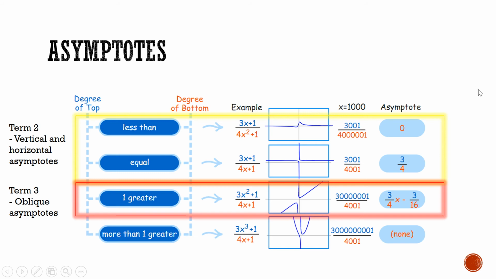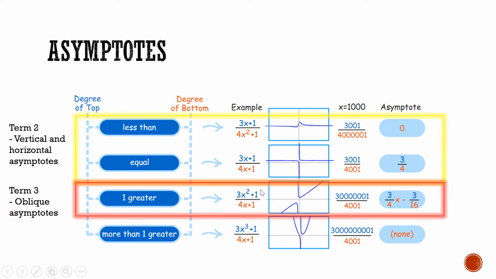Okay, so in term 2, we're looking at vertical and horizontal asymptotes. This is where the degree of x in the denominator is higher than or equal to the degree in the numerator. Before, with 1 over x, the degree of x in the denominator was 1 and in the numerator was 0, therefore it's up here.